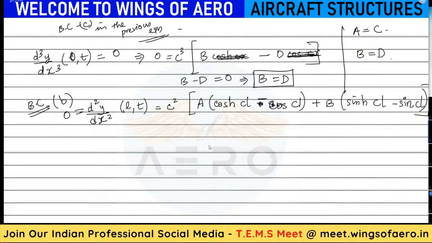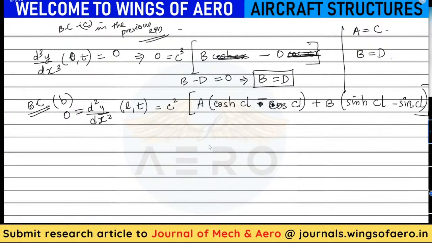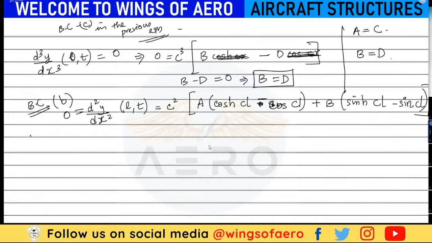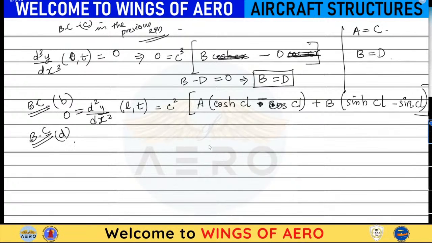Yes, ma'am. We're getting some kind of equations like this. Now here also you're unable to solve the sum of the factors, right? Now again move to condition D, the last condition.